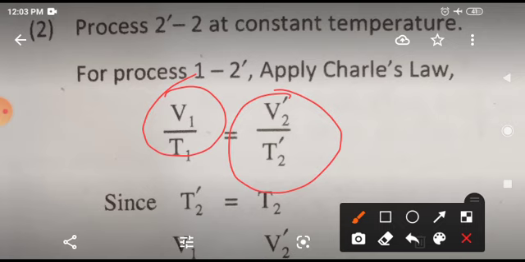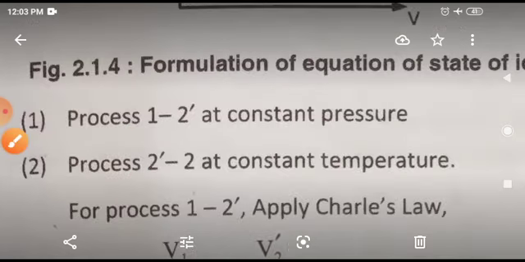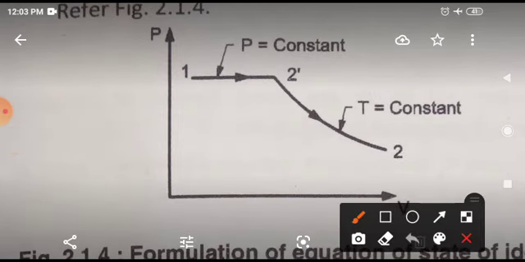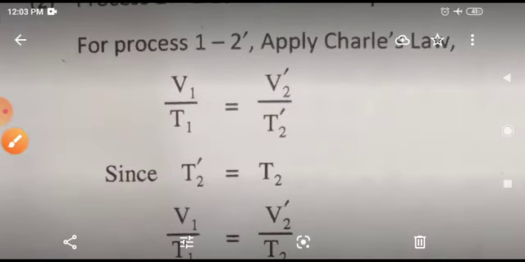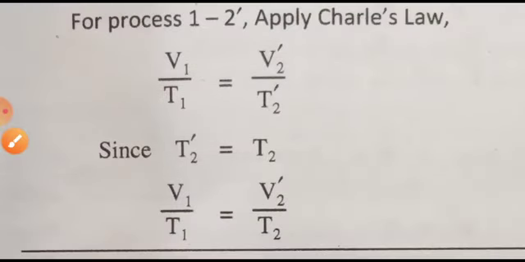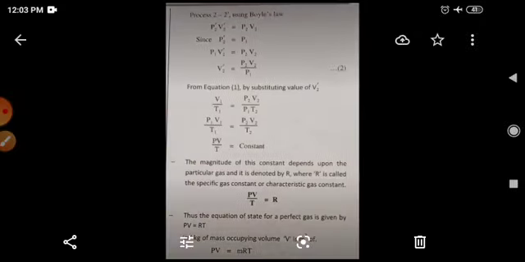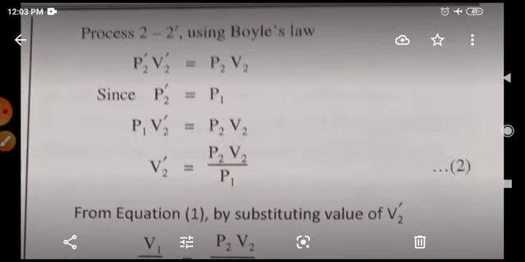Now, since T2 dash is equal to T2, this process is at constant temperature. That means the temperature at 2 dash and the temperature at 2 will be the same. Therefore, we have to replace T2 dash by T2.